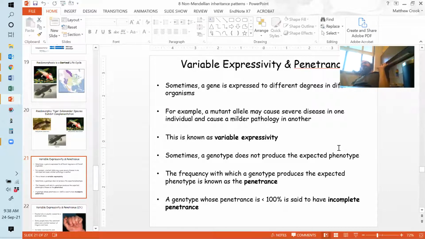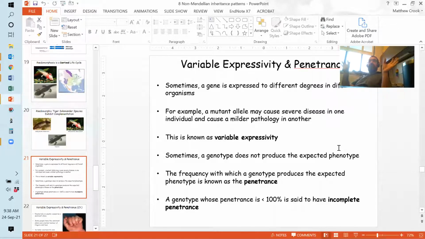On the other shade, you have incomplete penetrance. Again, this is where individuals have the same genotype, but some don't express the mutant phenotype at all. So rather than a spectrum going from mild to severe, you either have got it or you don't, right?